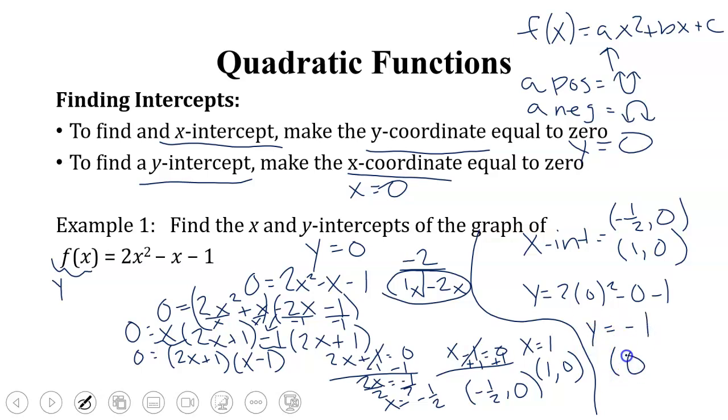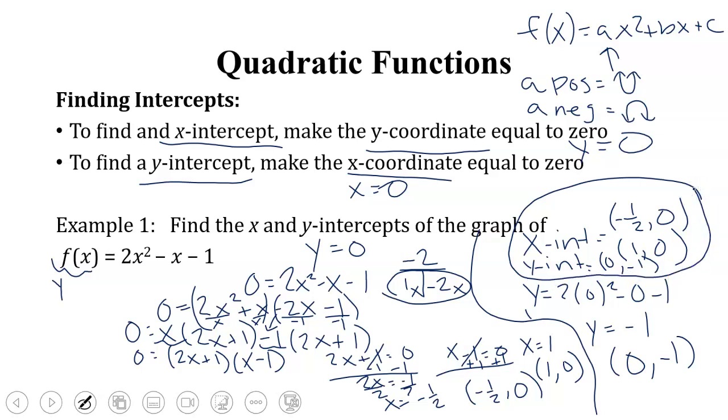Make that an ordered pair: 0, comma, negative 1. So my y-intercept is 0, comma, negative 1. Two x-intercepts and one y-intercept.